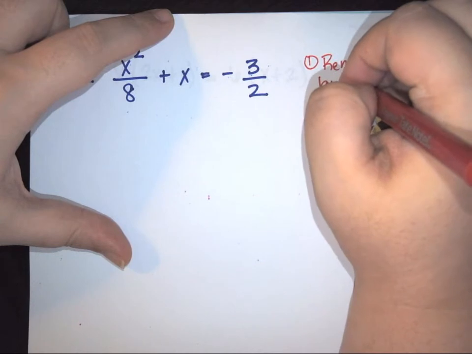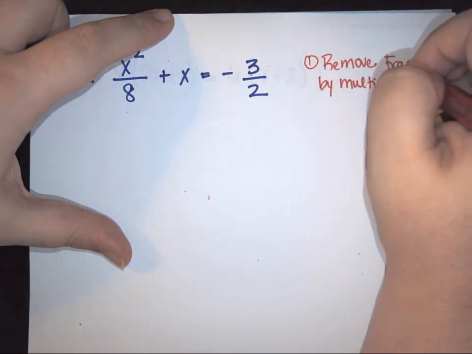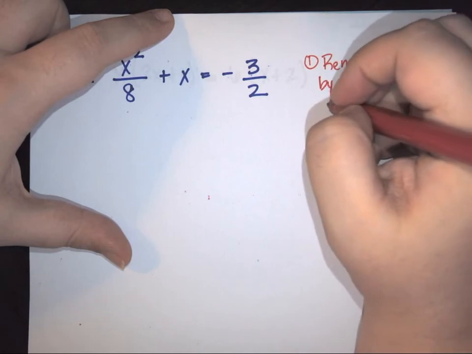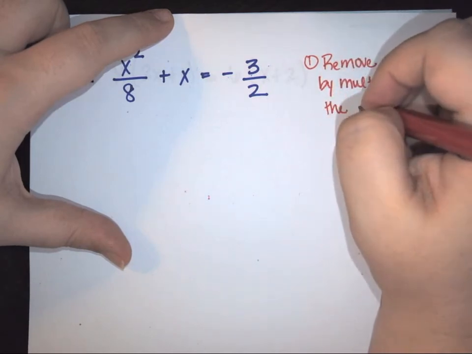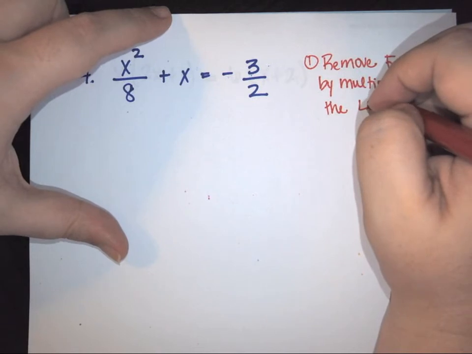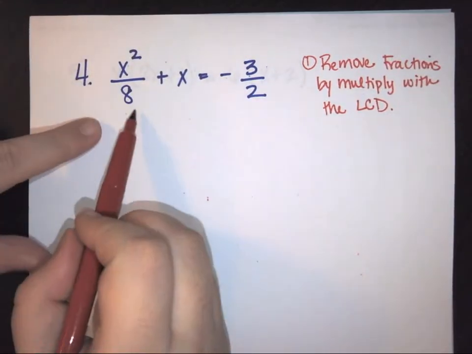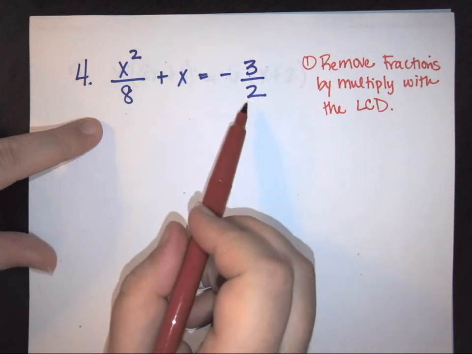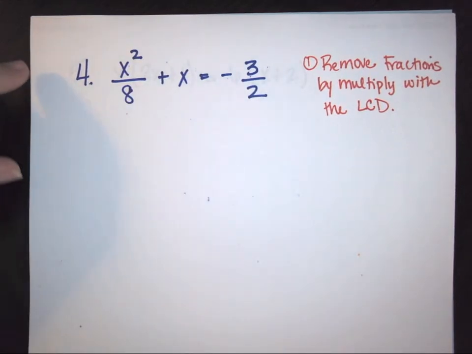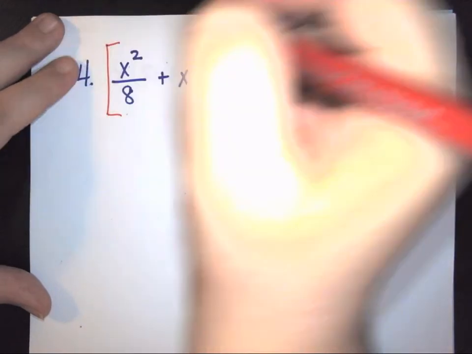by multiplying with the lowest common denominator. So here I have 8 and I have 2. So I'm going to go ahead and multiply the entire equation here.